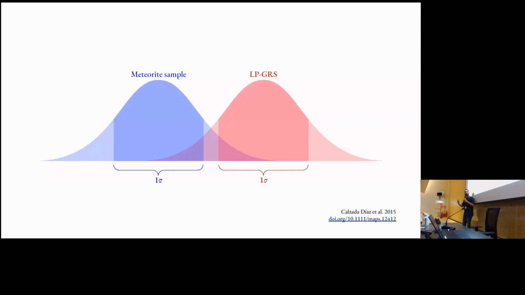In this case, at 1 sigma, they don't overlap, but with 2, if you extend it out, you see that they do overlap. And if they overlap in all elements in an elemental composition like you get from the LPGRS, you would say that this area of the moon agrees well with what we've seen in the sample.